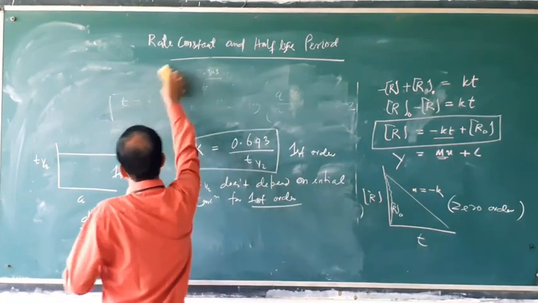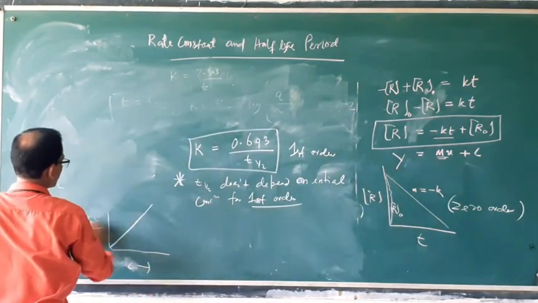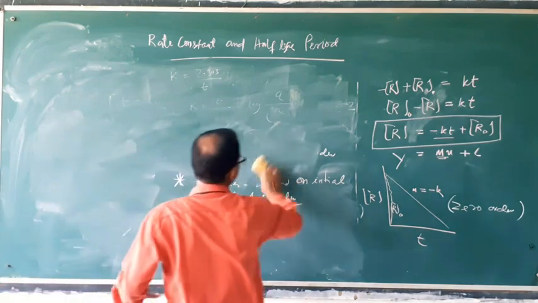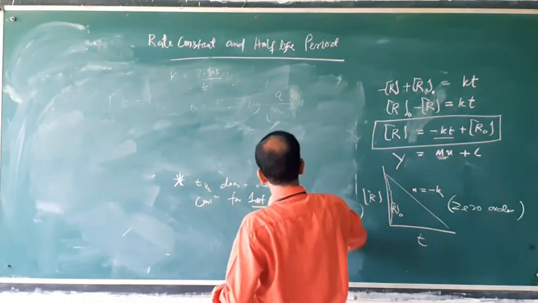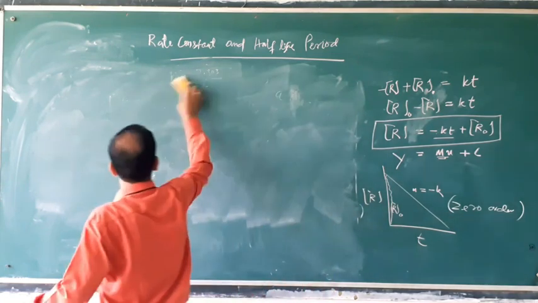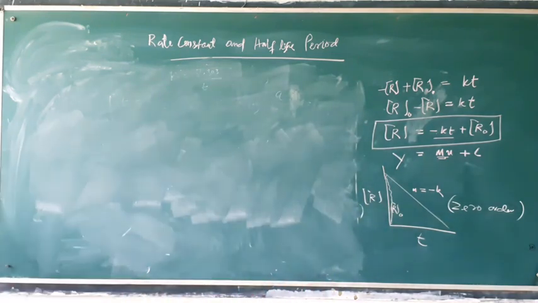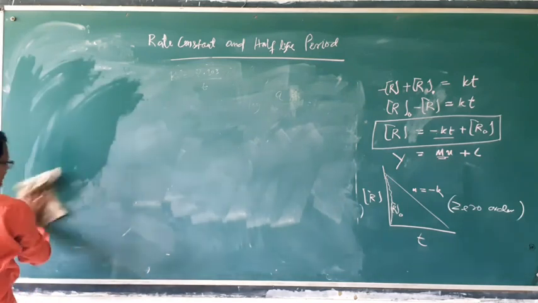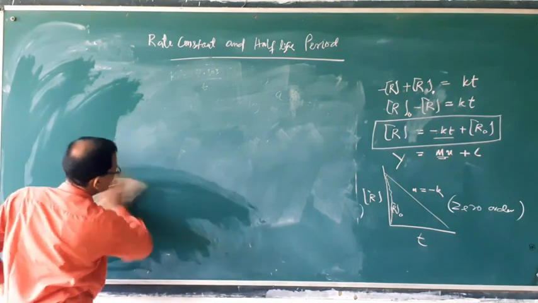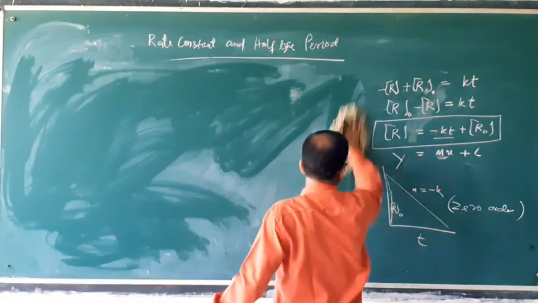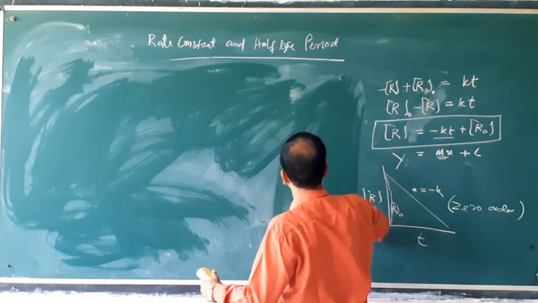Then the remaining important expression for first order reaction: if the reactants and products are all in gaseous state, then how can you express the rate constant? That is very important.